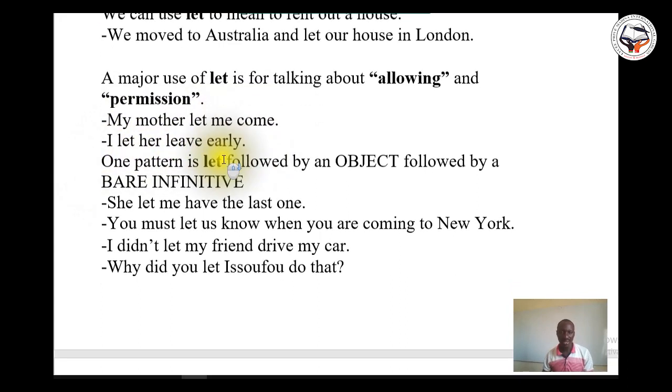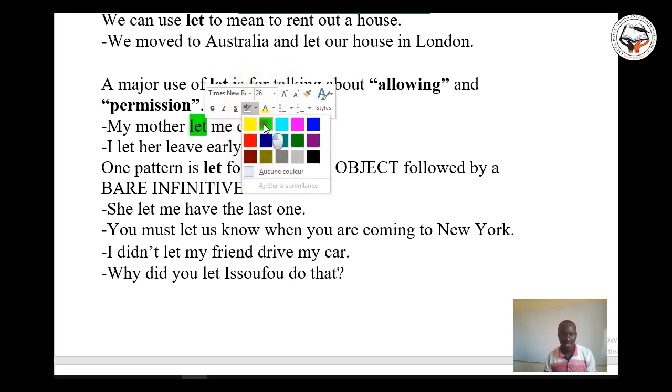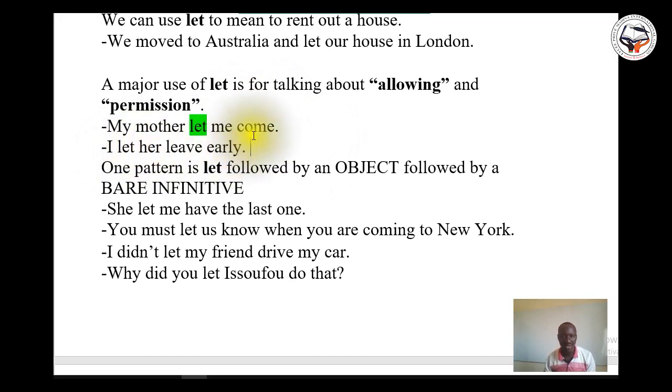Let me put this in another color, green, that will be helpful for us. My mother let me come. I let her leave early.